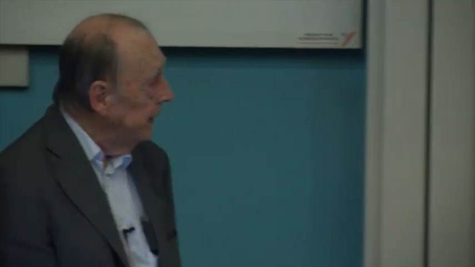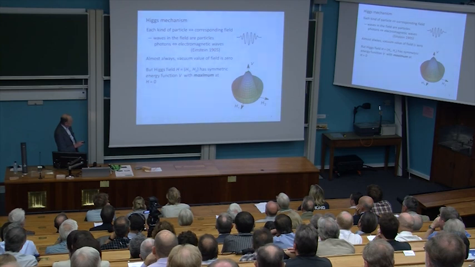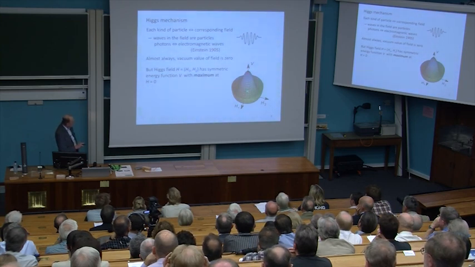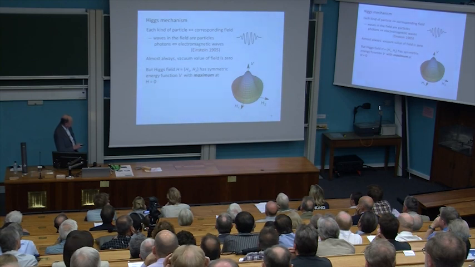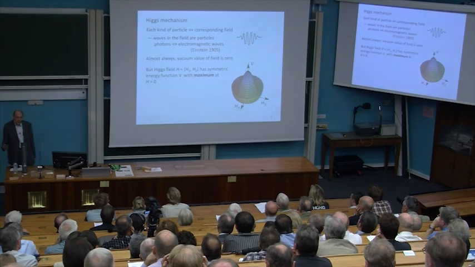This is just like the base of the wine bottle. It has a maximum at H equals 0 up here, and a minimum around the circle. So the natural thing for the Higgs field to do is not to be 0, but to have a value somewhere around here.